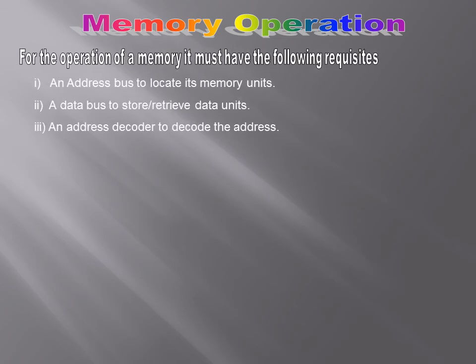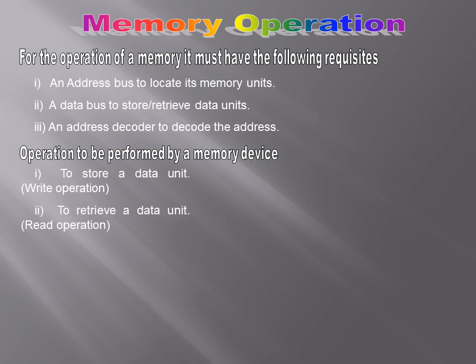How the memory works actually, memory organization. For the operation of the memory, it must have the following requisites: an address bus to locate its memory units, a data bus to store or retrieve data units, and an address decoder to decode the address.